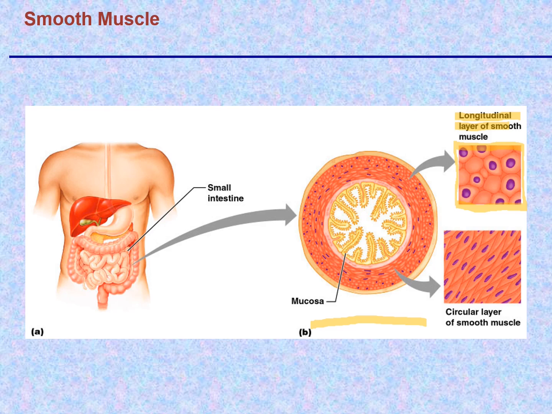So here, this tissue is found in the inner layer there, and this kind of tissue is found in the outer layer. Oops, sorry. Doesn't show up very well. I'll do it in green. This tissue is shown in this outer layer here. And that's what I meant by circular layers.